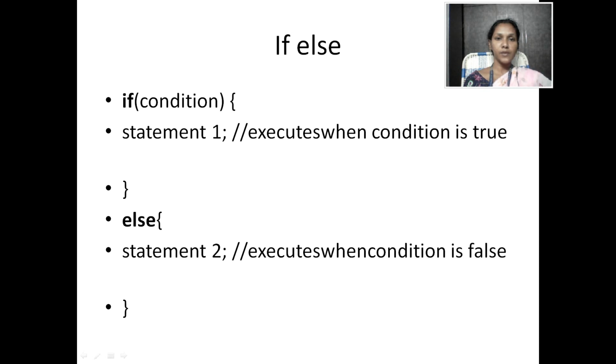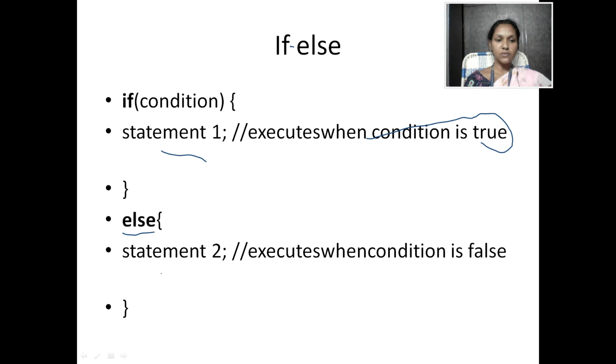What is the if else? If the condition is true, statement 1 is executed. If the condition is false, is there any alternative? Yes, then you go to a block called the else block. If the condition is true, execute statement 1.